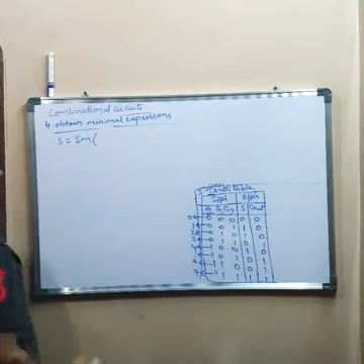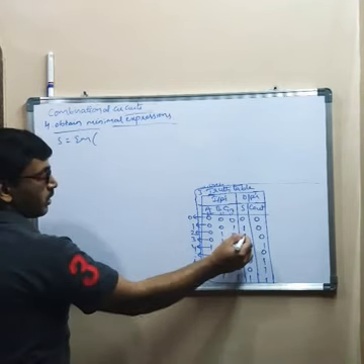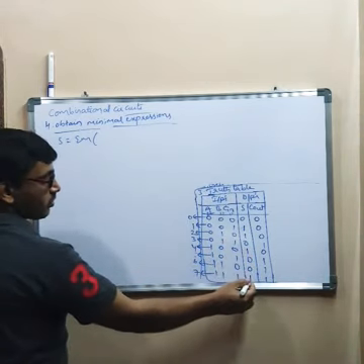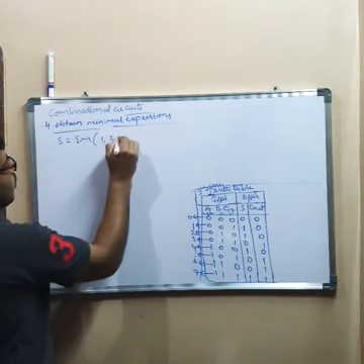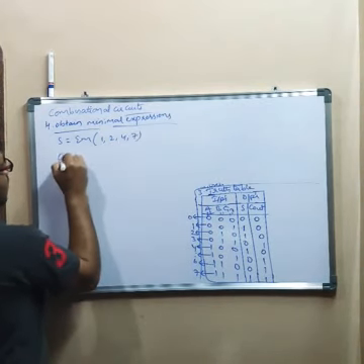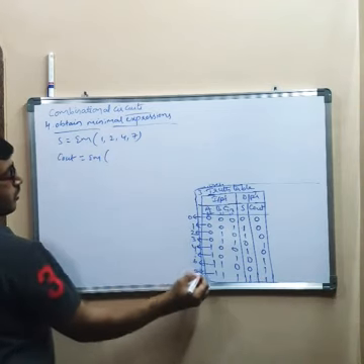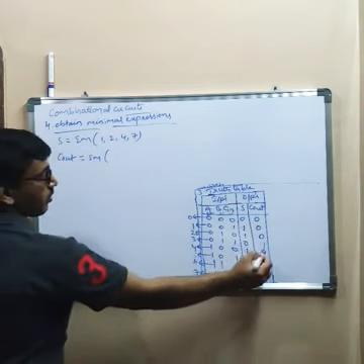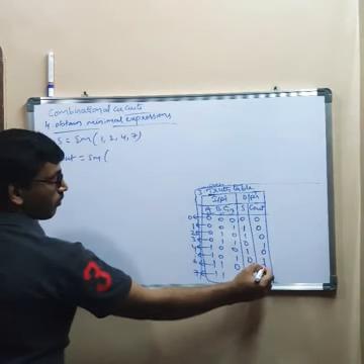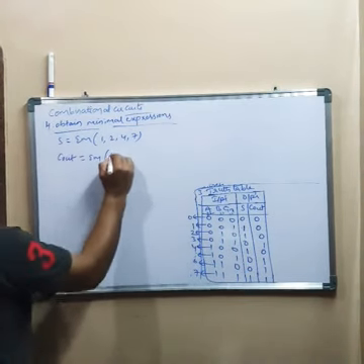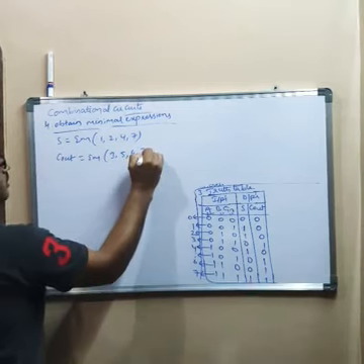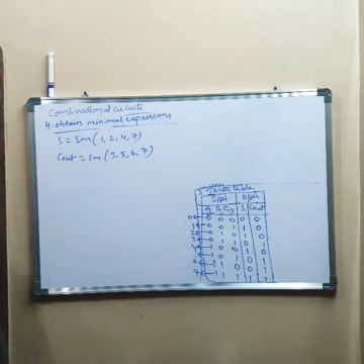Sum is equal to summation of minterms 1, 2, 4, 7. C out is equal to summation of minterms 3, 5, 6, 7.